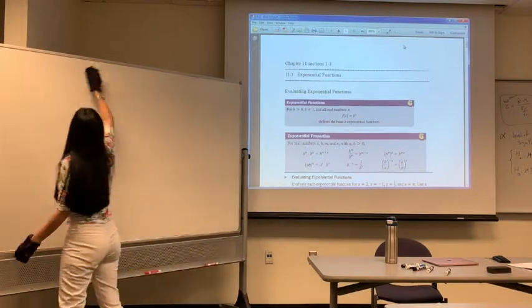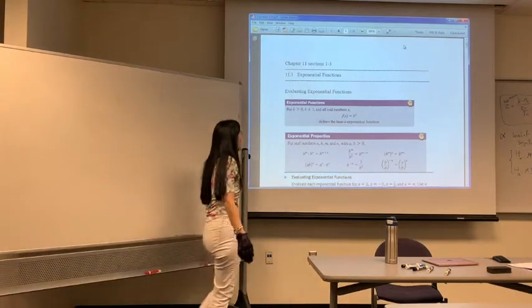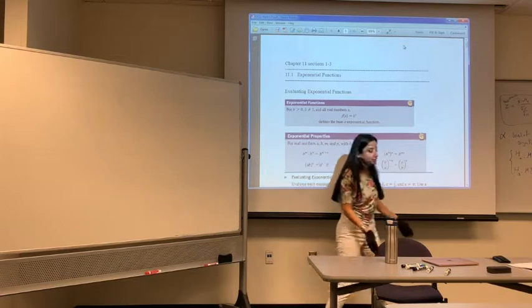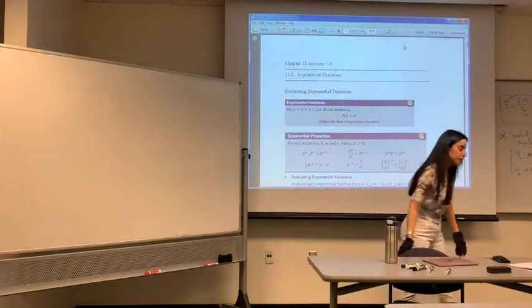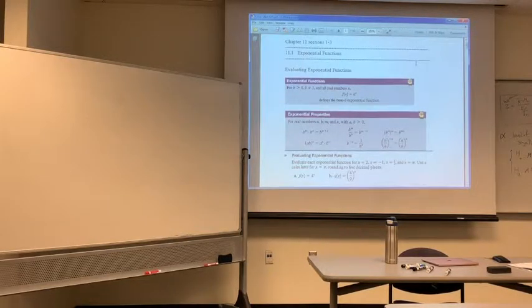Okay, so chapter 11. Actually, half of this chapter is not that difficult for you. We already talked about exponential function, and we saw most of these relations. Do you remember?